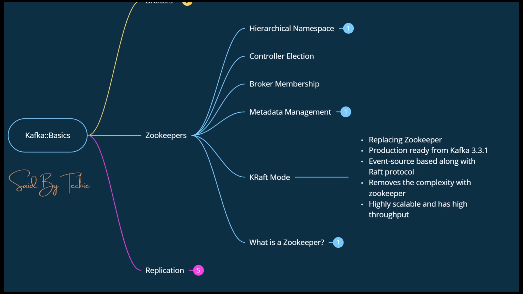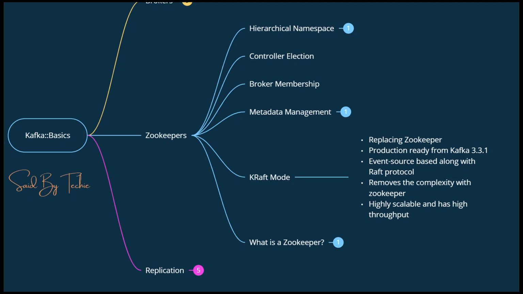So that is why we are moving away from Zookeeper architecture to a quorum based controller, right, that uses an event source based implementation along with the Raft consensus protocol, so KRaft, right. This shift will completely remove the dependency on Zookeeper for cluster operations and management.